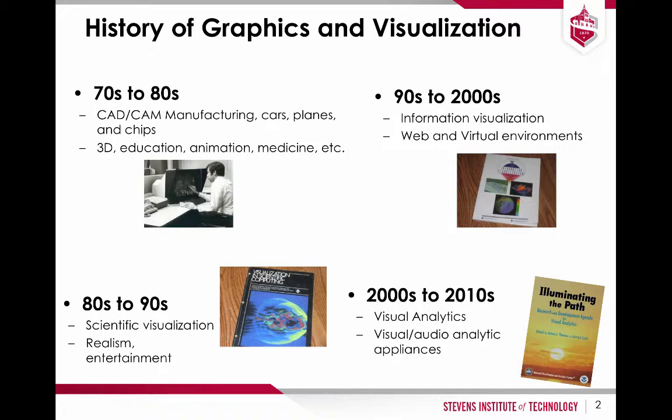But considering the limitations of the hardware that we had at that time, there was not much that you could do. So the use of graphics and visualization was limited.